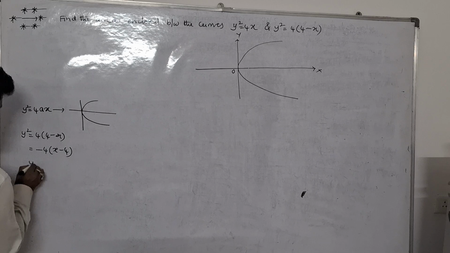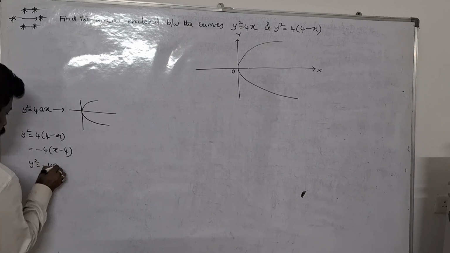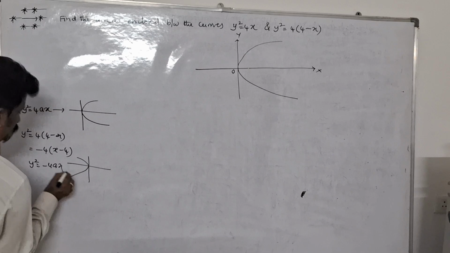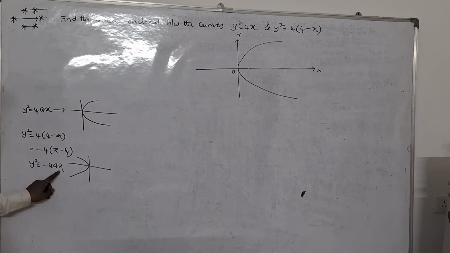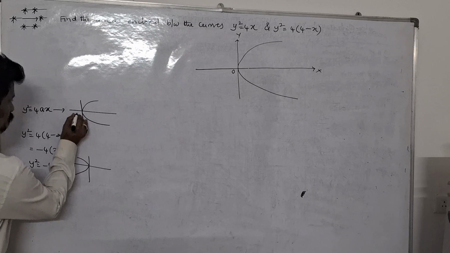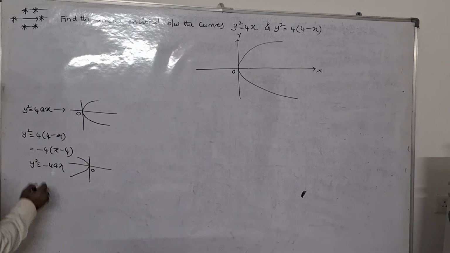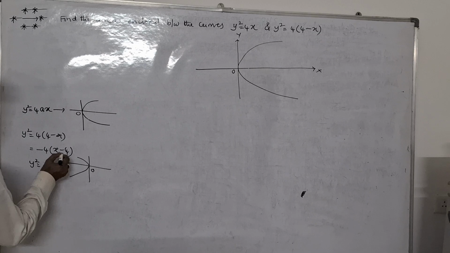That means y square is equal to minus 4 into x minus 4. If the vertex is 0, 0, then it would touch the y axis at 0. But here this one is not a standard parabola.